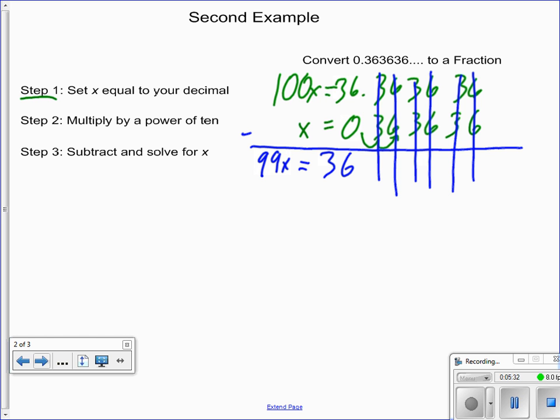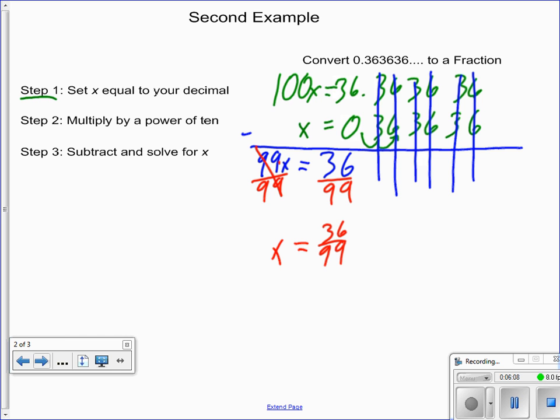Last step here is to then divide. I have multiplication happening right here. 99 times x. Divide by 99. They cancel. What I do to one side of my equation, I have to do to the other side. x equals 36 over 99. And if we need to, we can simplify that. 3 plus 6 is 9, 3 goes into 9. 9 plus 9 is 18, 3 goes into 18.